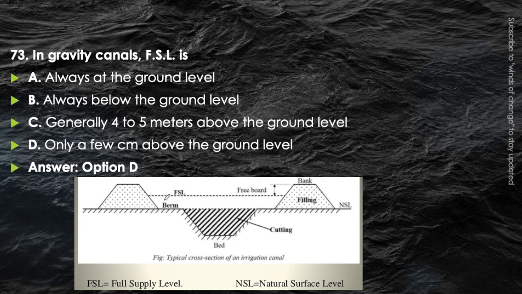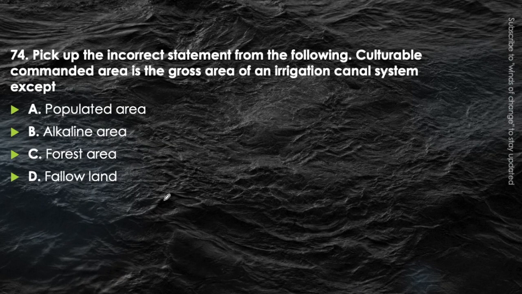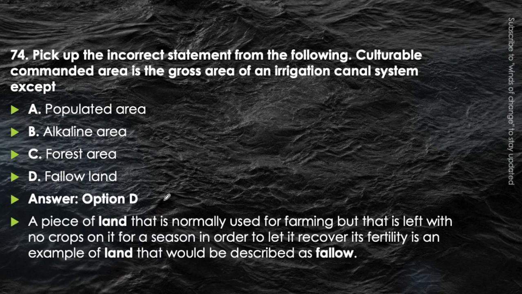Okay, next question. Pick up the incorrect statement from the following. Culturable command area is the gross command area of the irrigation canal system except populated area, alkaline area, forest area, or fallow land. Think about it. The answer will be fallow land. What is a fallow land?